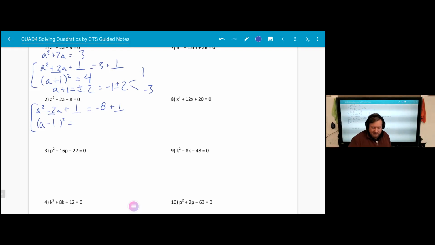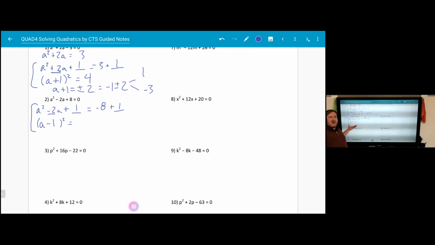What multiplies to positive 1 but adds to negative 2? Negative 1 and negative 1, or a minus 1 times a minus 1, which is a minus 1 squared. I'm compressing all of that to give it to you right at the beginning. A minus 1 squared equals negative 8 plus 1, which is negative 7.